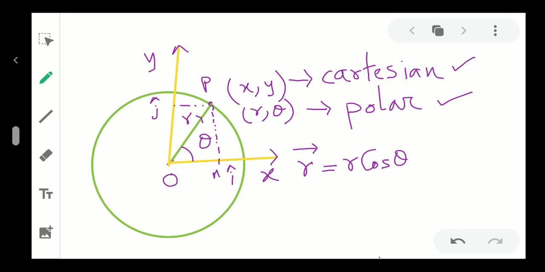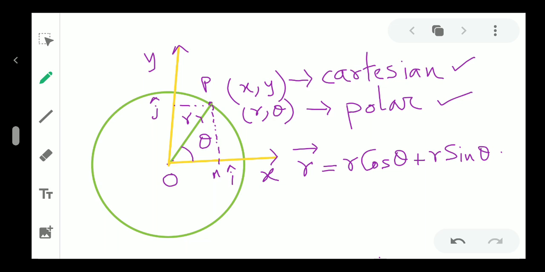Now I am not giving the mod sign, because again and again I have to write it. So whenever I am not giving any vector sign, think that it is the value only. And along the j axis I can always write this as r sine theta, right?